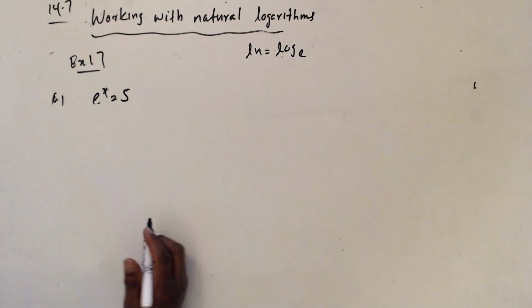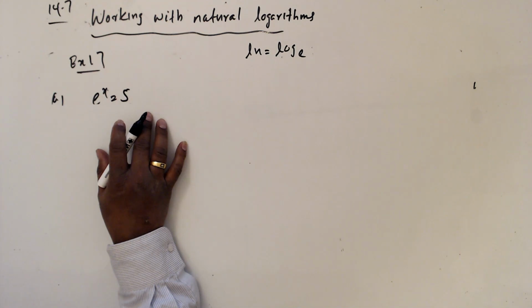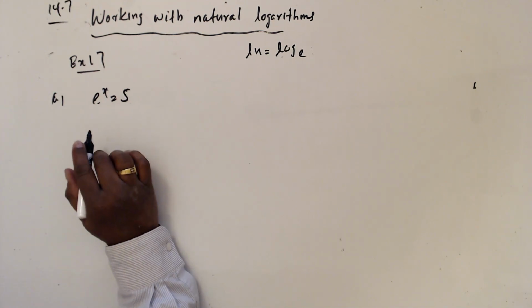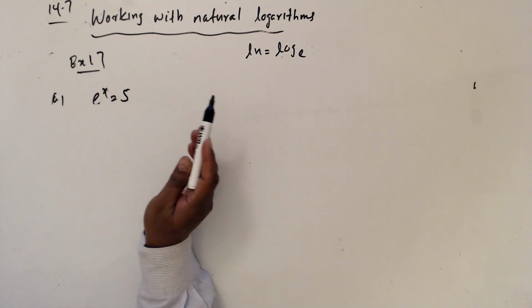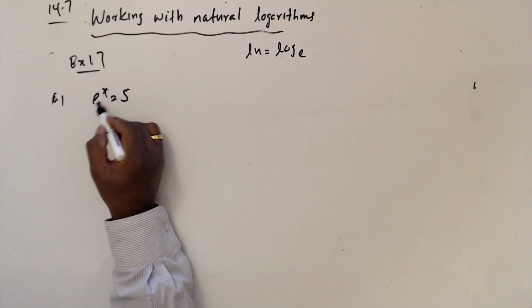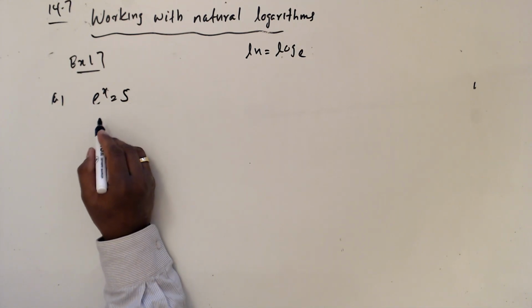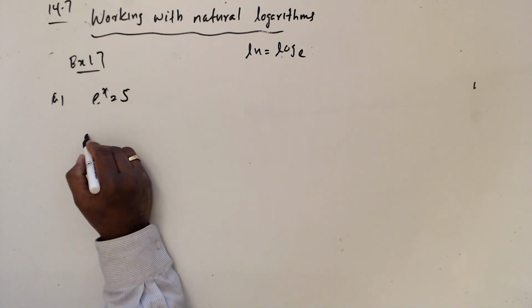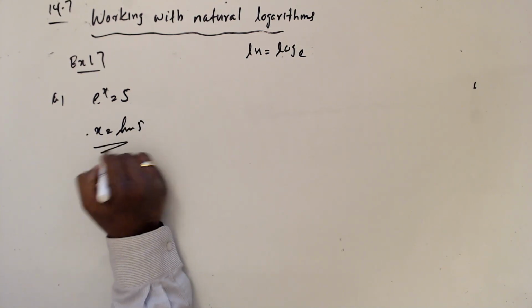The important thing is, when you work out these logarithms, you want to pay attention to where the base is and where the exponent or power is. So when we bring it into a logarithm, we write x equals ln 5.